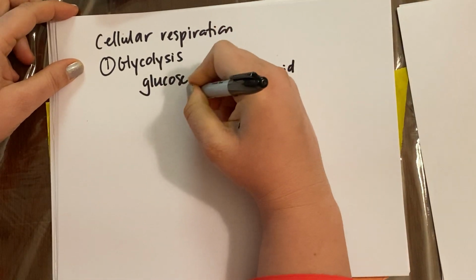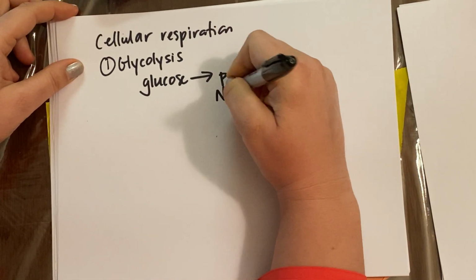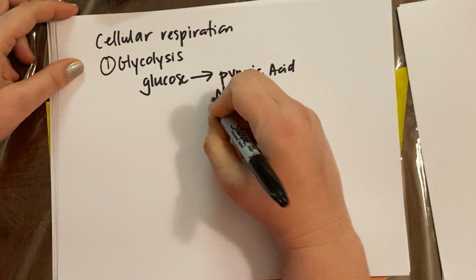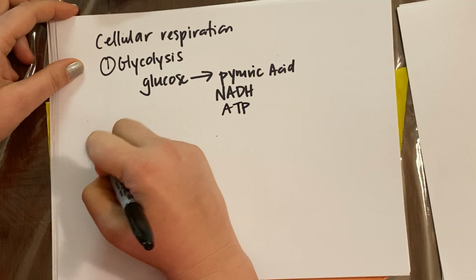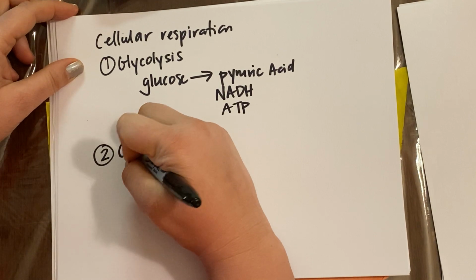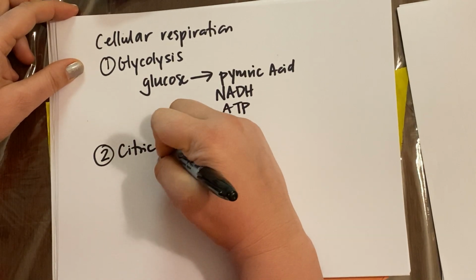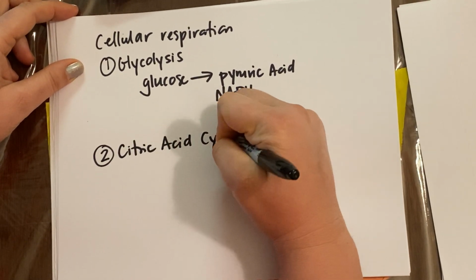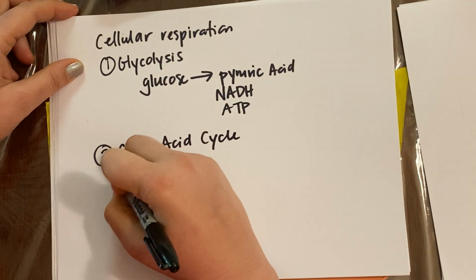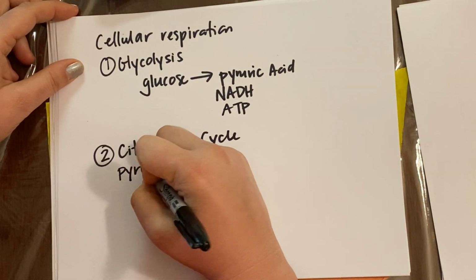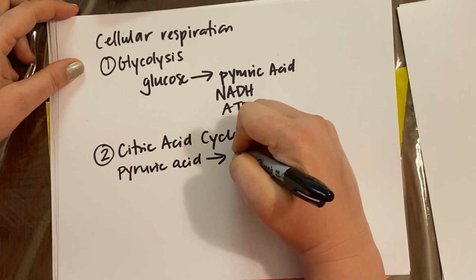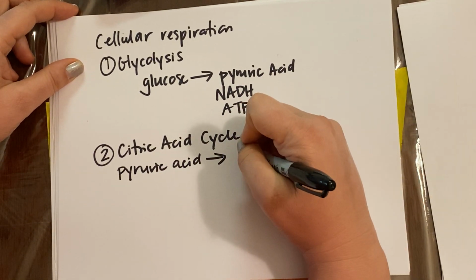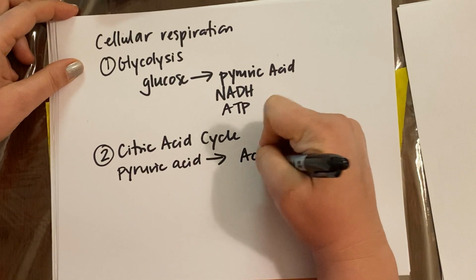Okay, we also are going to produce a little bit of NADH because we have some electrons that are taken out and a little bit of ATP. We then are going to go to the citric acid cycle. Okay, pyruvic acid first has to be turned into acetic acid, and then we have something called acetyl.